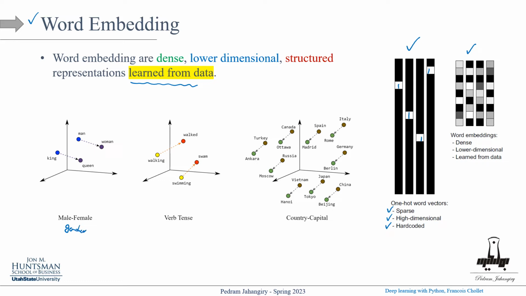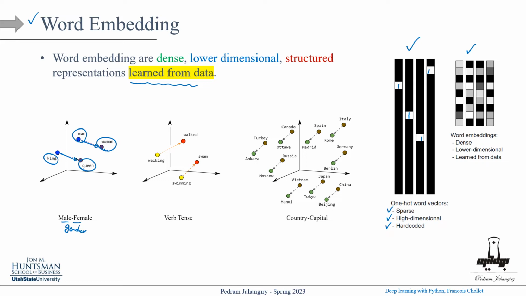We can have a gender vector, a plural vector, a verb tense vector. This means that we know this vector is the relationship between male and female. If I apply this vector to man, I will automatically get the word woman. If I apply it to king, I will automatically get the word queen, or the other way around.